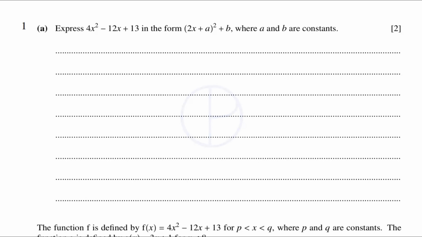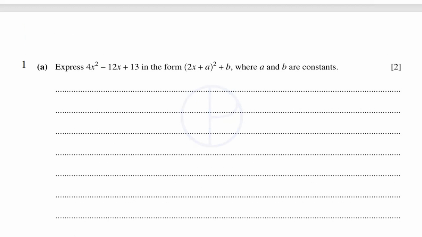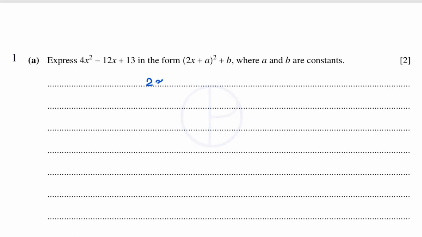Okay. So 4x squared can be written as (2x) the whole squared, minus 2 multiplied by 2x. 12x can be written as 2 multiplied by 2x, multiplied by what number gives 12? 2 multiplied by 2 is 4, 4 multiplied by 3 gives 12.